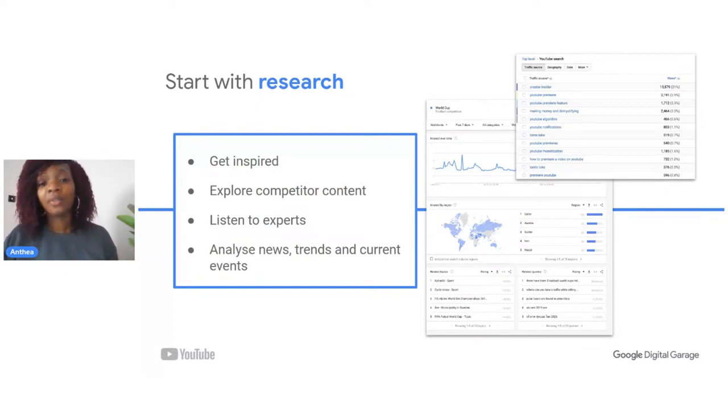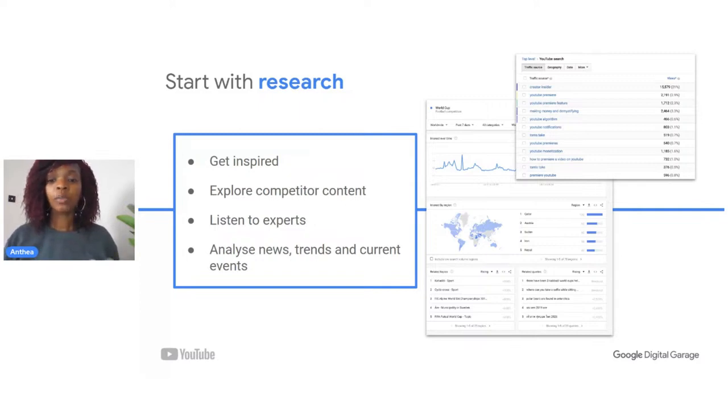And if you already have a YouTube channel, you can also use YouTube search. So just run a search to see the search traffic. It allows you to see what searches direct viewers to your content and gives you insights on things like the titles, the formats, and the audience familiarity with your name or your brand.